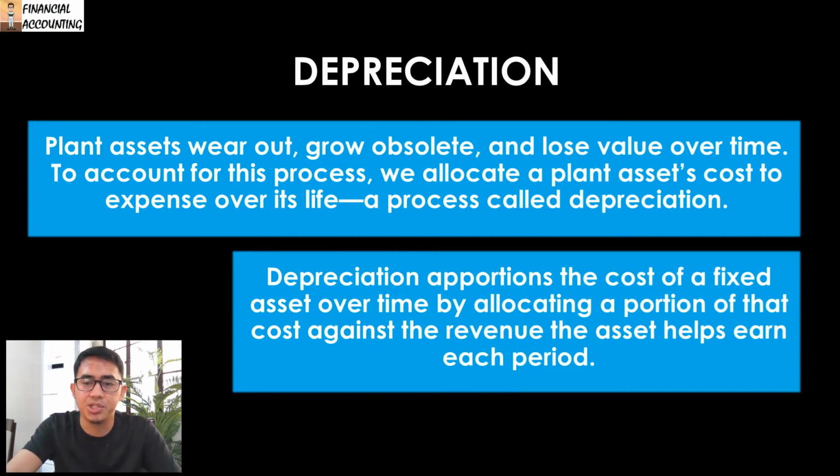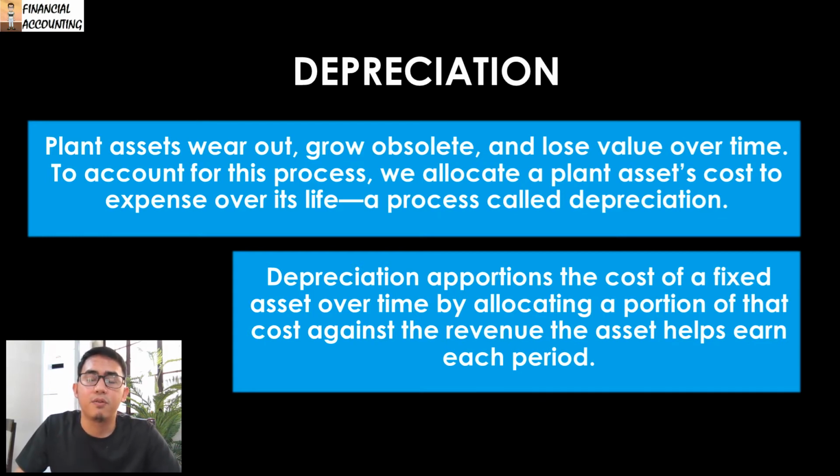So depreciation apportions the cost of a fixed asset over time by allocating a portion of that cost against the revenue that the asset helps to earn in each period. Okay, so our property, plant, and equipment, for example, a building, generates revenue over time, especially if we are in business. For example, you have a store and you have a building. Of course, the building helps you to sell.